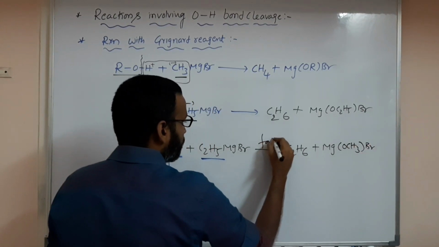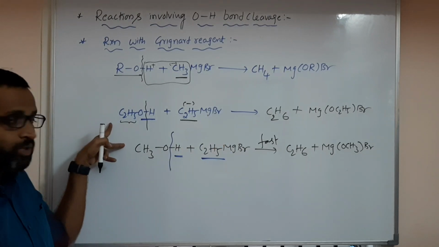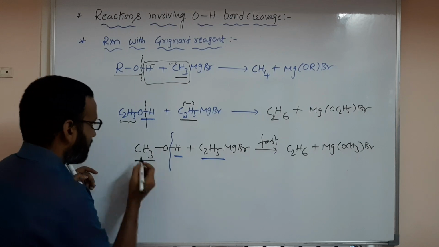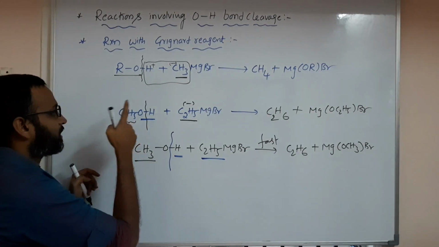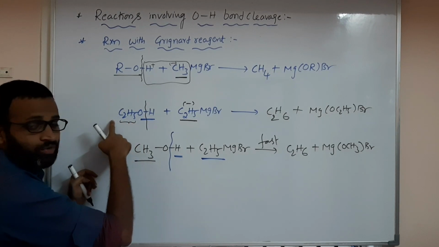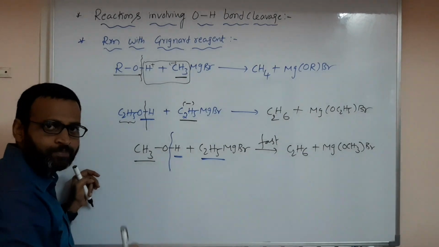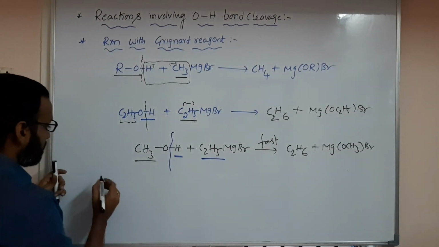Among these two reactions, this one is somewhat faster, because here you have methyl and there ethyl. Methyl means one carbon, ethyl means two carbons. As the number of carbons increases, donating nature increases, but the difference is somewhat small. Difference understood? So this is about the reaction with the Grignard reagent.